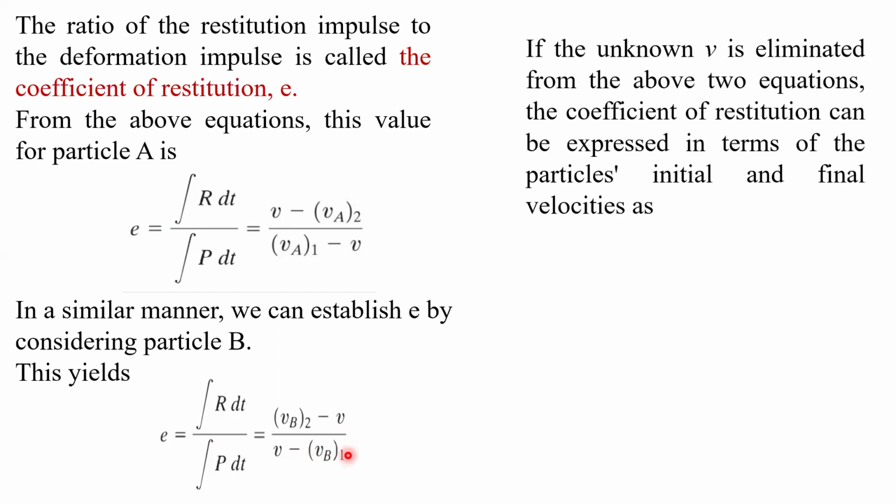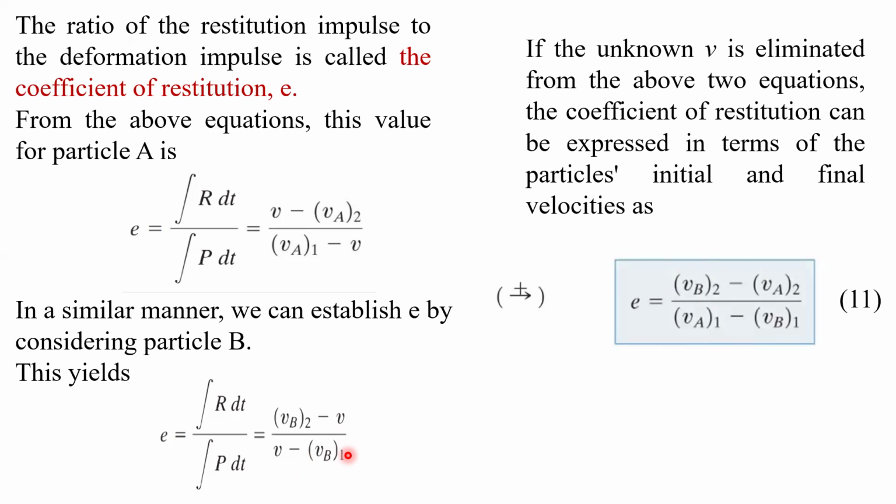If the unknown V is eliminated from the two equations above, the coefficient of restitution can be expressed in terms of the particles' initial and final velocities as VB2 minus VA2 over VA1 minus VB1.